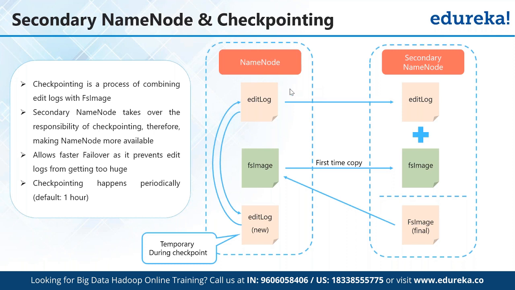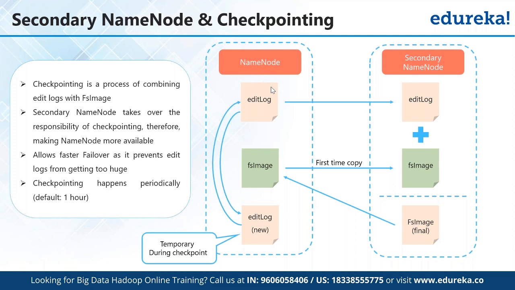So what secondary name node does is it takes the checkpointing job. FS image and edit logs, these are two files. FS image is the current state of name node. Please understand, FS image is the current state of name node. What is current state?